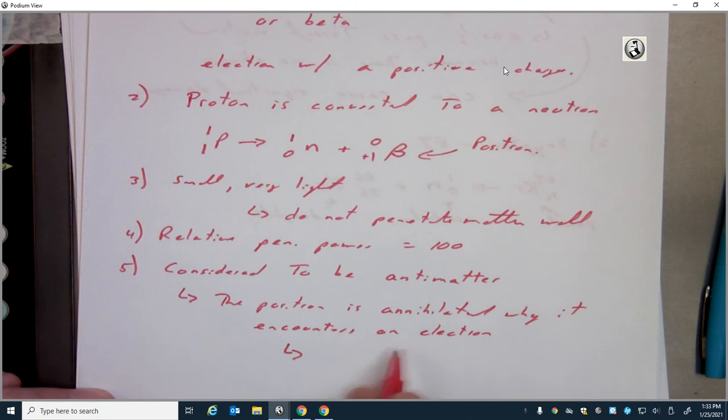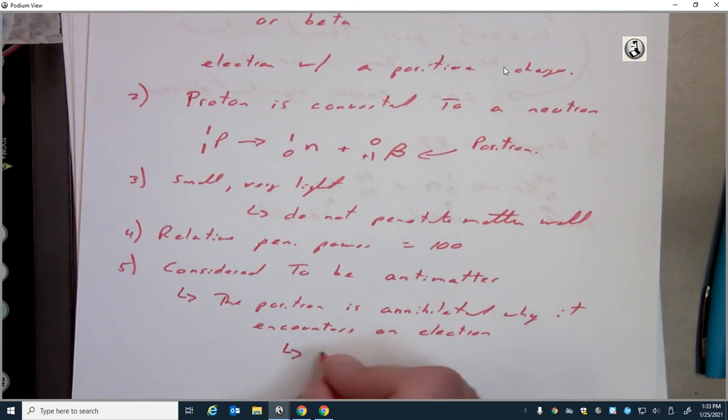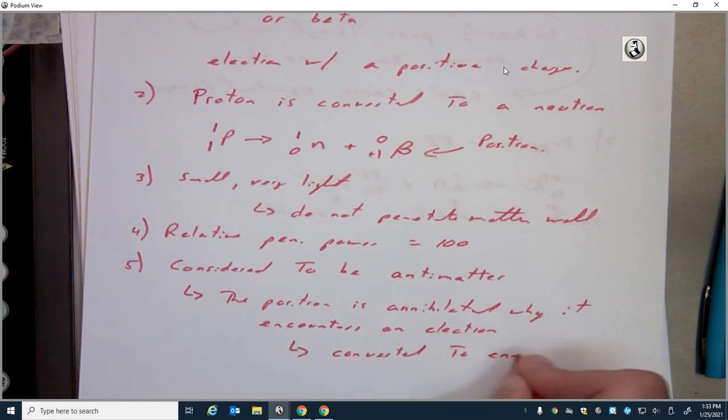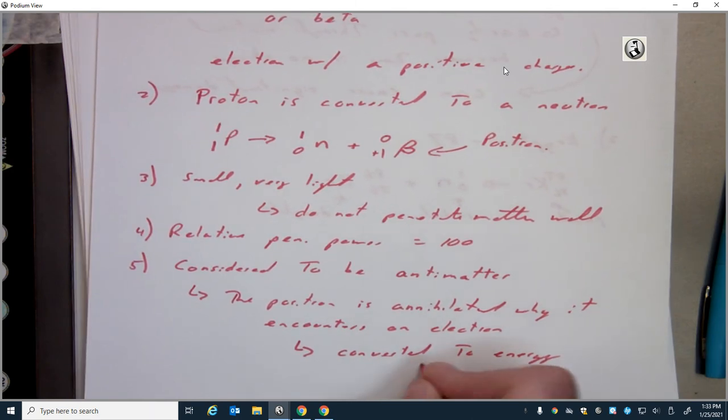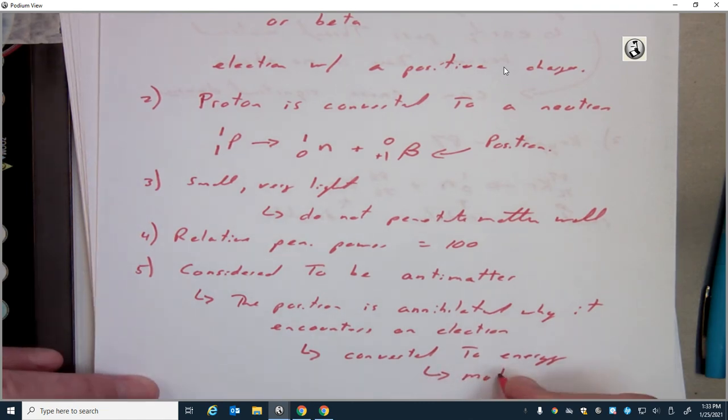As soon as they touch, both the electron and the positron are converted to pure energy, in the form of multiple gamma rays.